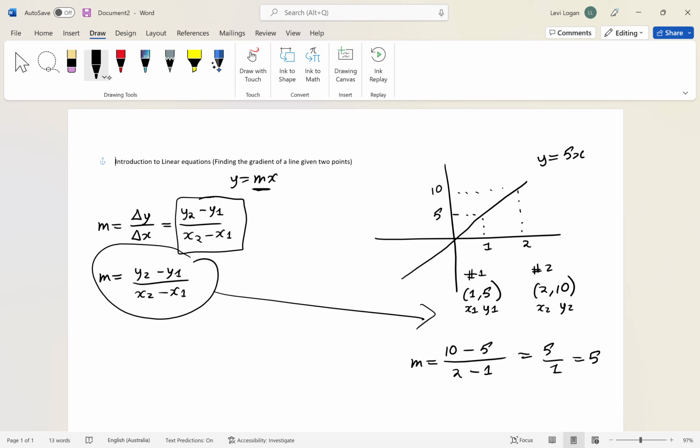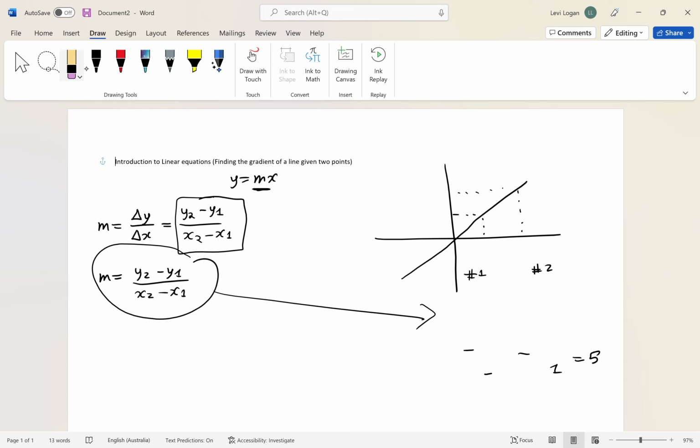Cool. Now what if we didn't know our gradient up here, but we got given points? So let's put in some random points and see if we can work out the gradient of this line. So let's say we have the points 1, actually let's not use 1 because that will give it away.